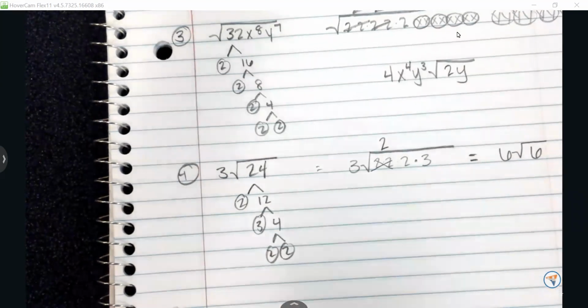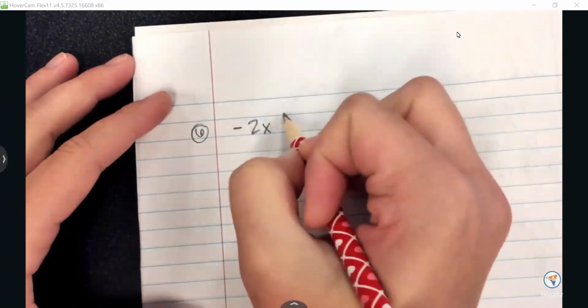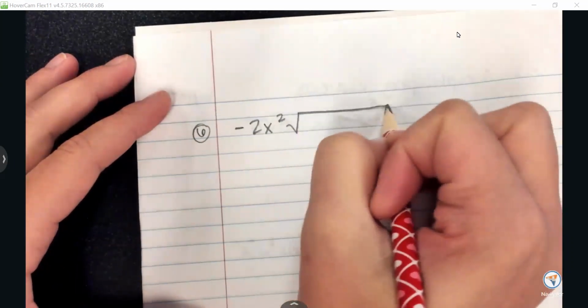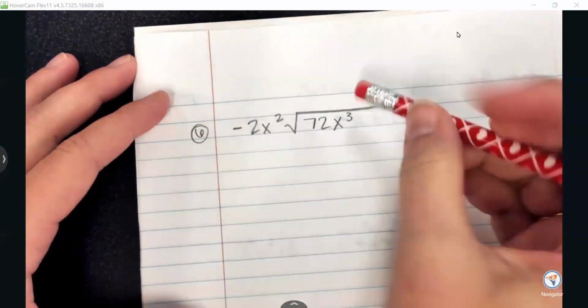So try this one on your own, and then I'm going to show you one different thing. Negative 2x squared square root 72x cubed.